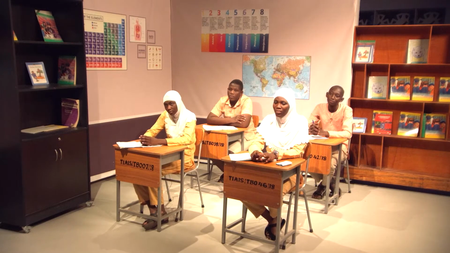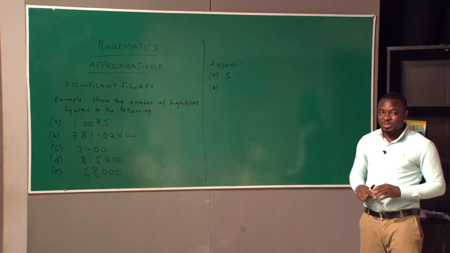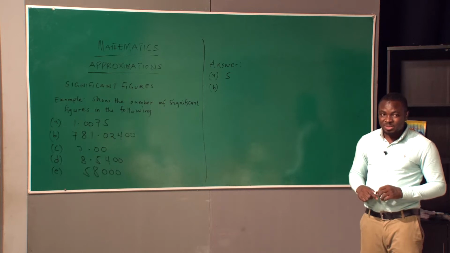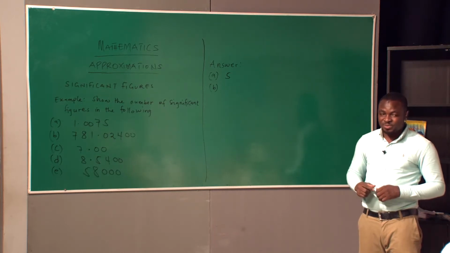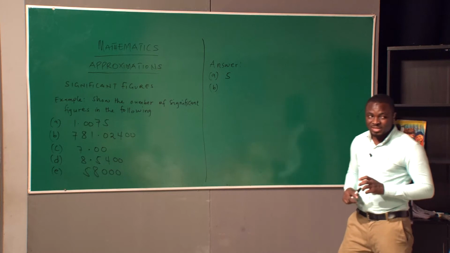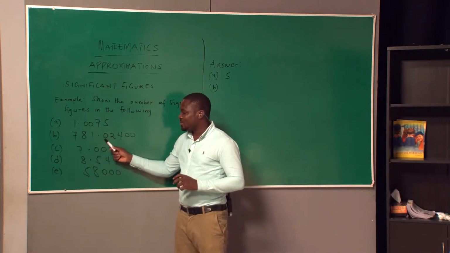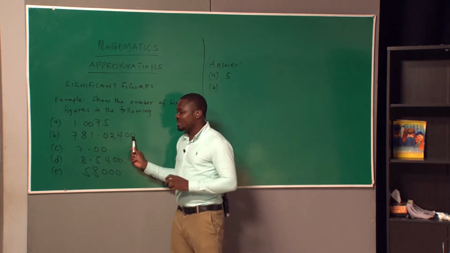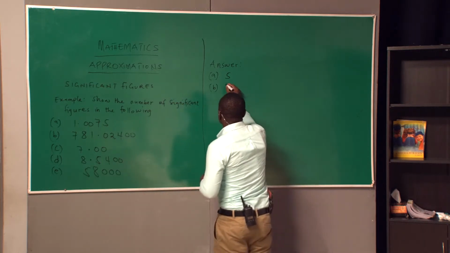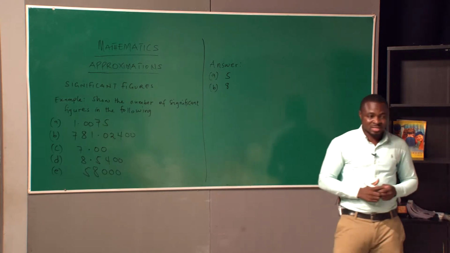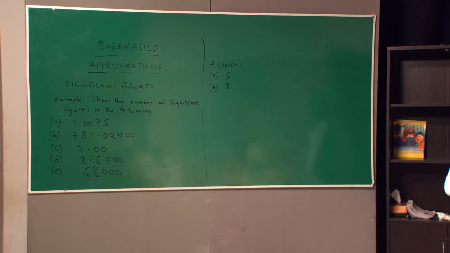Why? Because the 0 comes after the point. They are trailing zeros after the point. So they are all significant. So we have 1, 2, 3, 4, 5, 6, 7, 8. So we are talking about 8 significant figures.